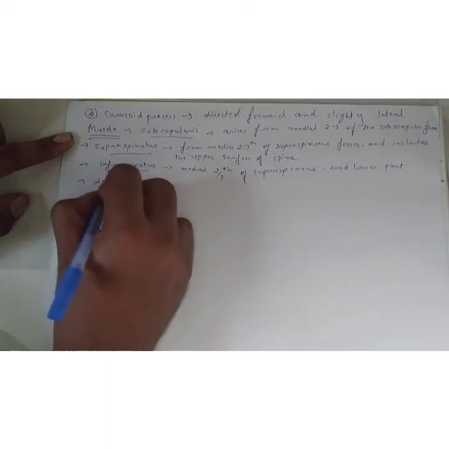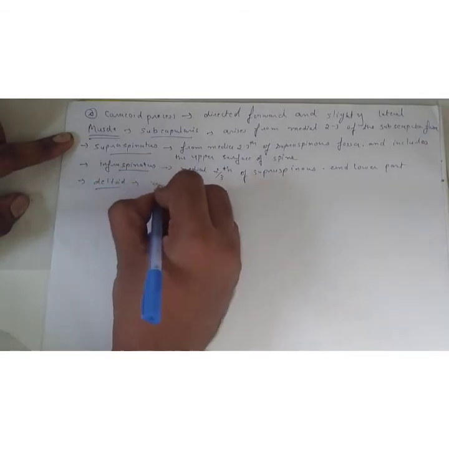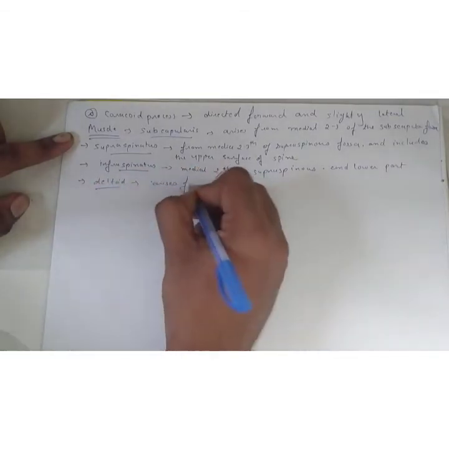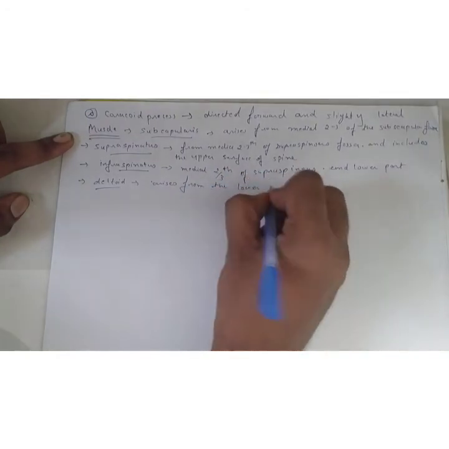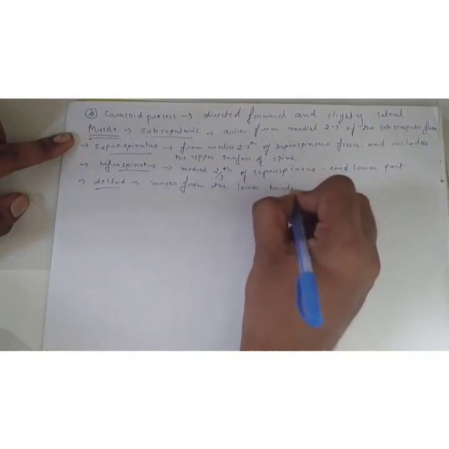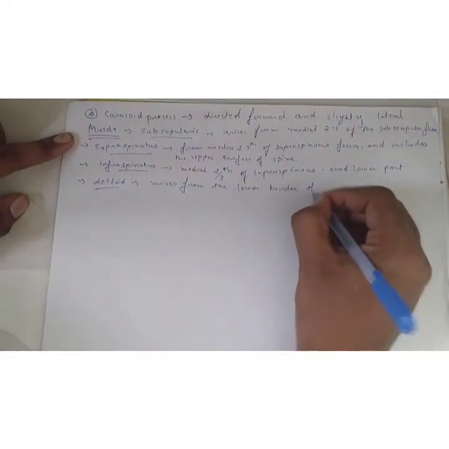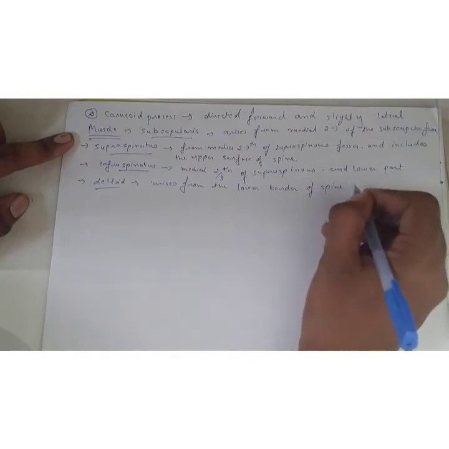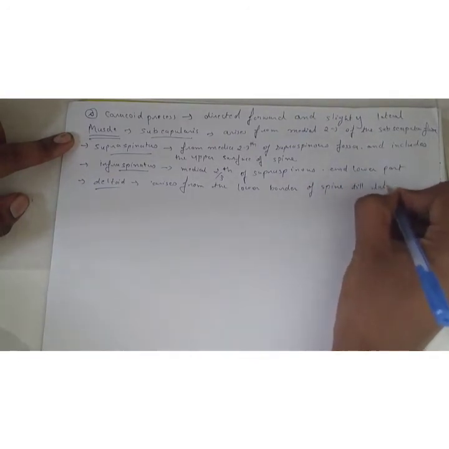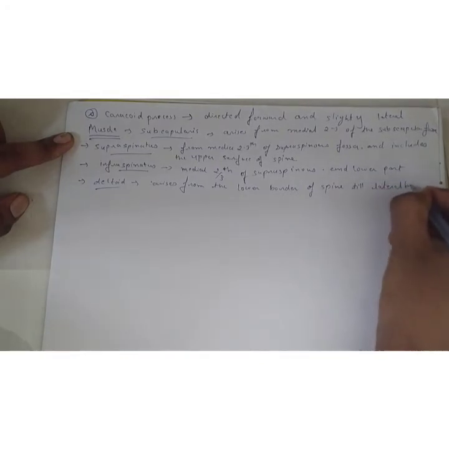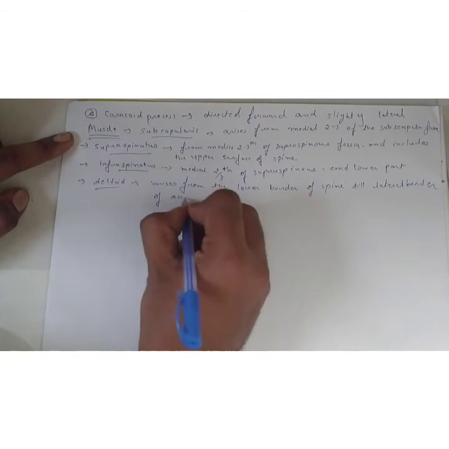Then the deltoid muscle arises from the lower border of the spine till the lateral border of the acromion process.